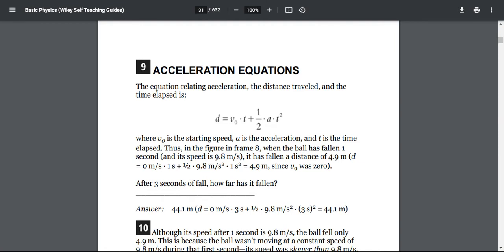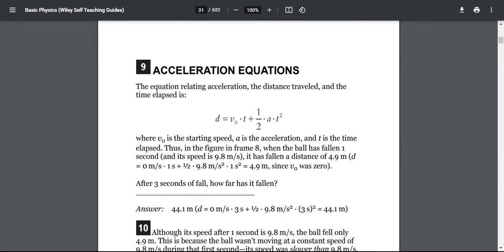So d = 0 times 1 second plus 1/2 times a. Here the acceleration is 9.8 m/s². So it's 1/2 times 9.8 times 1 squared, which is the time squared. Now let's do the math, and we get the answer of 4.9 m.